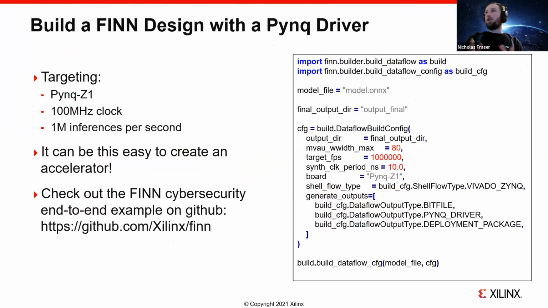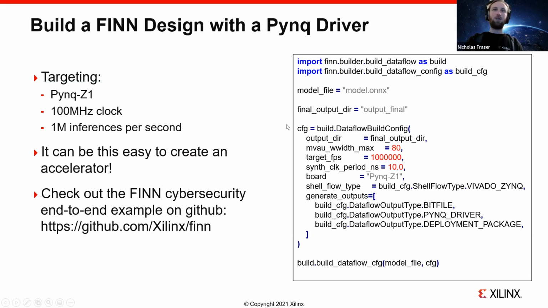So quickly I just wanted to show you the sort of code that you need to take a model like the model that we described at the top there and actually generate hardware. So if your model is already compatible with FINN, and Hugo hit on some issues there that may pop up, you can actually use this dataflow build config to generate a set of out-of-the-box transformations that will work for most designs, right?